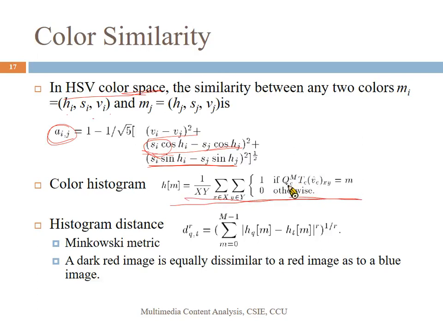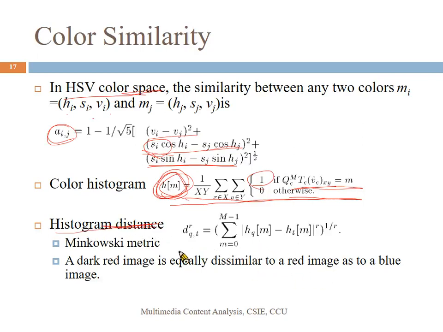We just do color quantization, and then accumulate the number of pixels belonging to a bin. So this is a color histogram. Although the mathematical formulation looks a little bit different from what we have mentioned before, the meaning is quite the same. Based on color histogram, we can calculate the histogram distance like this.